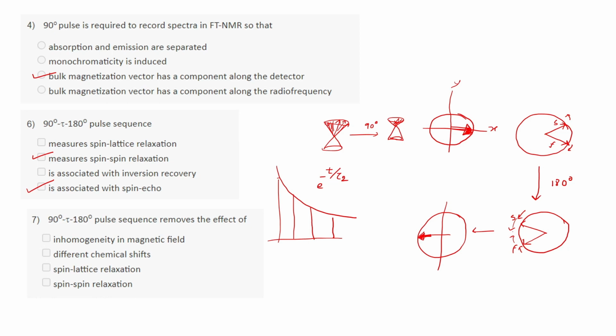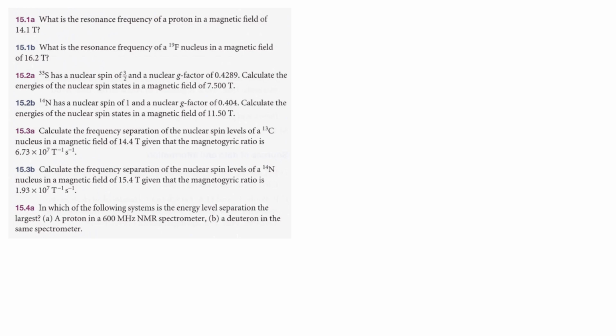The first two, as I said, are what caused the debunching, that is the inhomogeneity of the magnetic field and the difference in chemical shift. So this effect will be removed by that 180 degree pulse. Okay. Now, as this has been done, we'll go directly to some numerical problems from Atkins on NMR spectroscopy. Okay, so let us do that.